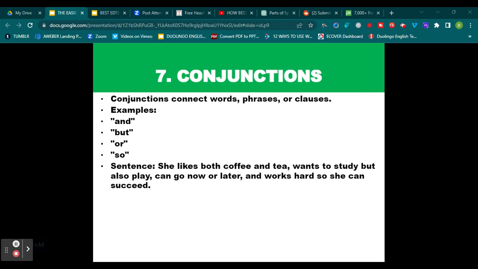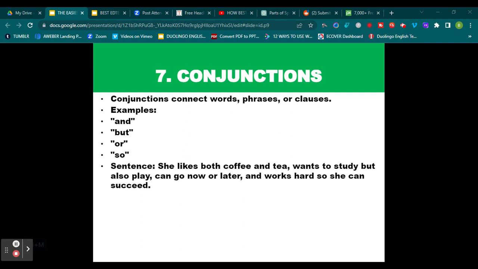She likes both coffee and tea, wants to study but always plays, can go now or later, and works hard so she can succeed. So we just want to show exactly how you can use conjunctions in connecting words, phrases, or clauses.